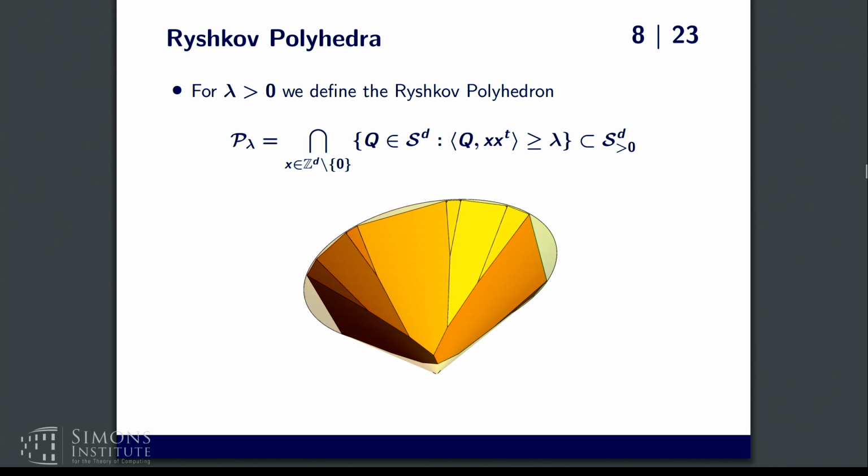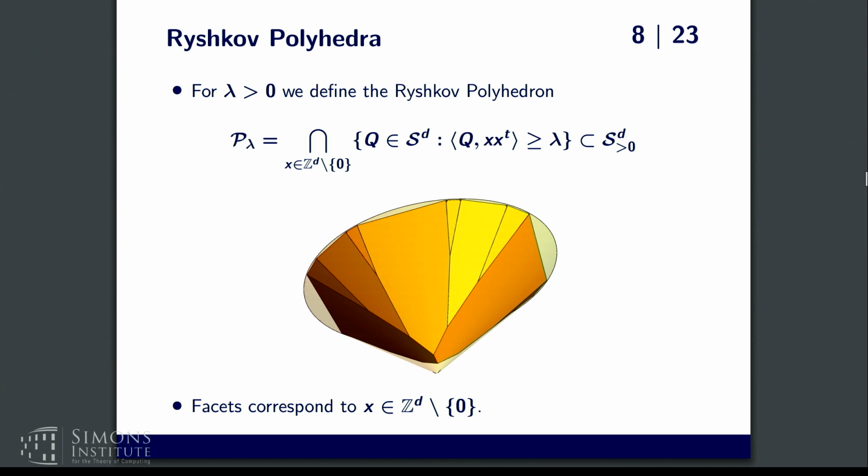So for every non-zero integer vector, you get this half space by this nice geometric property. And the Ryshkov polyhedron is just the intersection of all these half spaces. Important to note that every facet of this Ryshkov polyhedron corresponds exactly to one of these non-zero integer vectors.